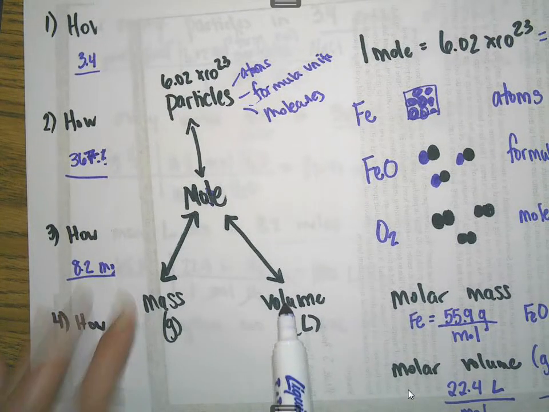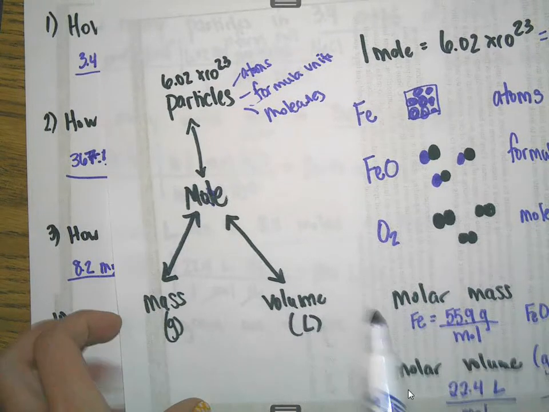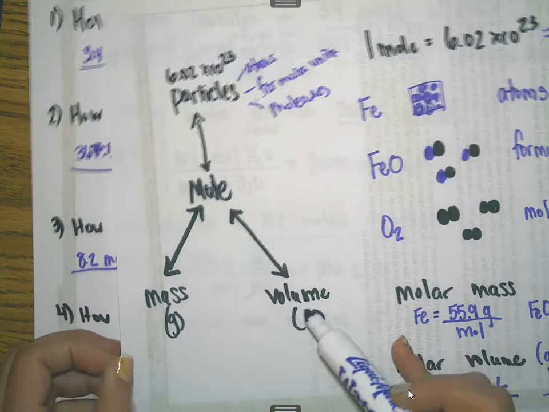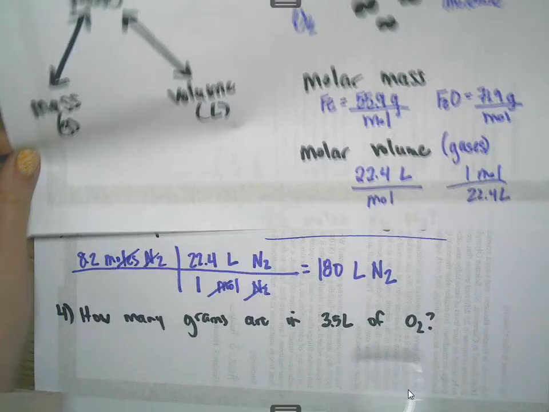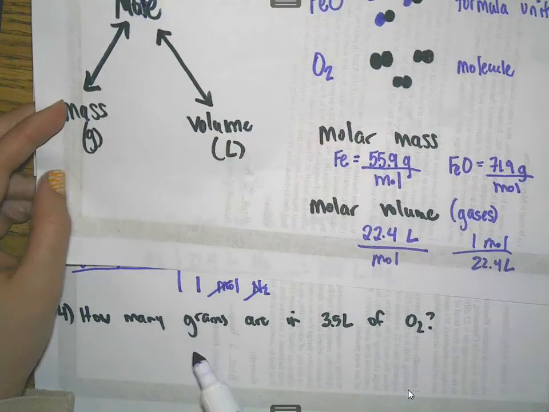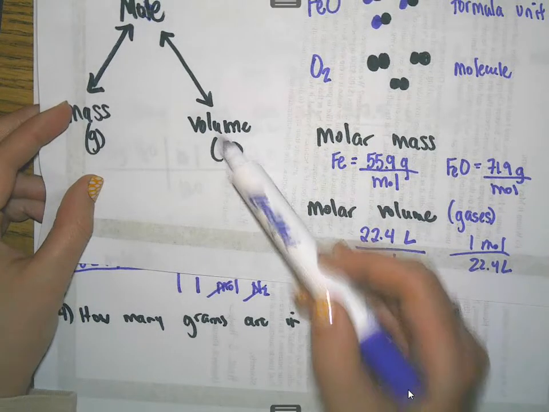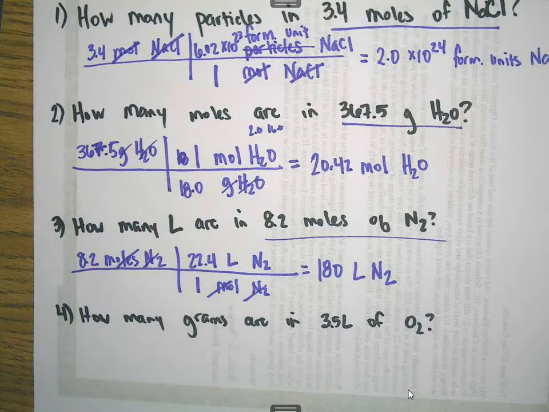The only way to get to mass on my flowchart is if I go from mass to mole to volume, or volume to mole to mass. My problem is asking you to start with liters and get to grams, so the only way to do that is for me to convert it to moles and then convert moles to mass. It's going to be very common for us to have problems that do this.